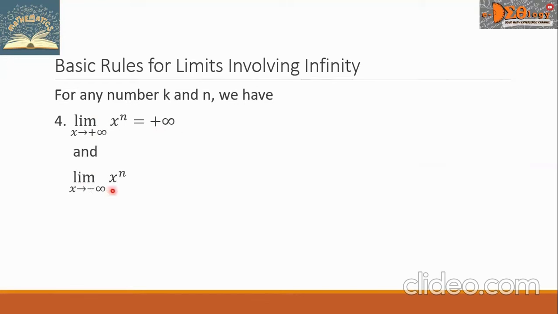And the limit of x raised to n as x approaches negative infinity: the answer is positive infinity if n is a positive even integer starting from 2 onwards, or the answer is negative infinity if n is a positive odd integer starting from 1 onwards.